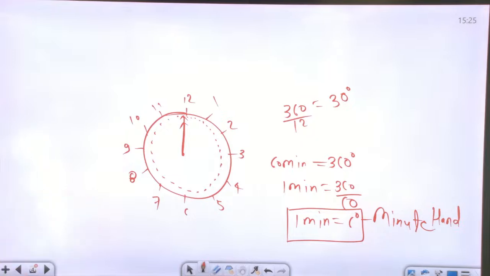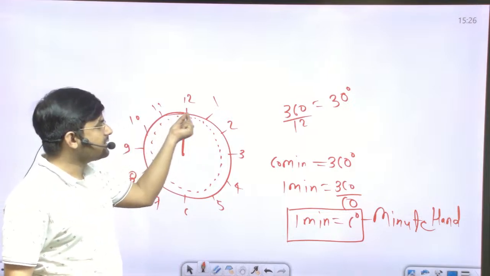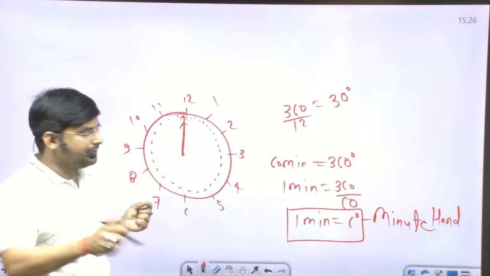Let's suppose it's 12 o'clock. If the minute hand completes a rotation of 60 minutes, then our hour hand will go on to 1.